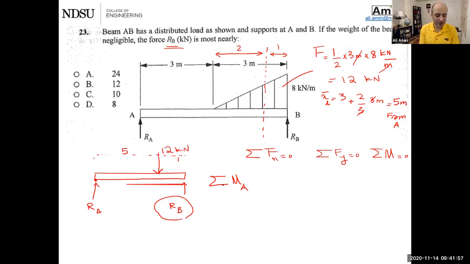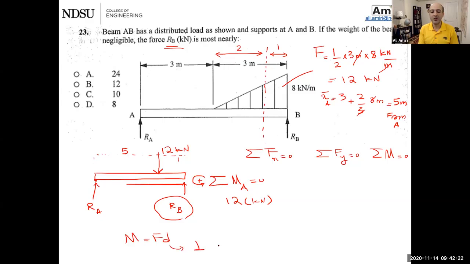Summation of moment about point A, I'm going to add another sign convention here. Anything that rotates this way, I'm going to put positive next to it. All right. Summation of moment about A: RA goes through point A, so it's 0. There's no moment. Next one is 12. Remember, moment is force multiplied by distance.